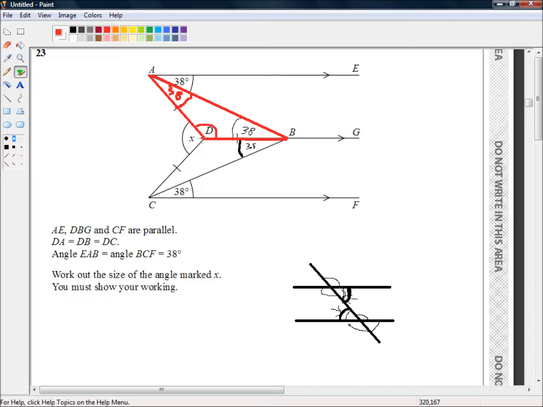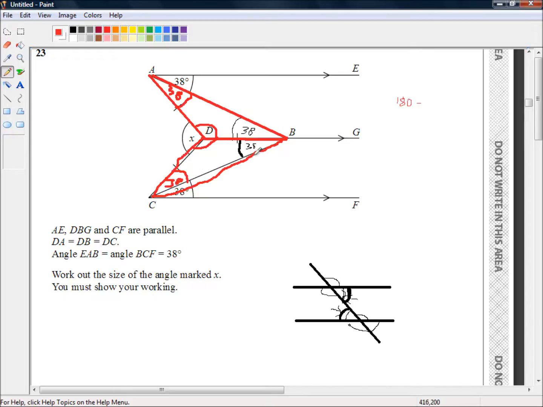Now again, this is an isosceles triangle. In fact, it's the same isosceles triangle. So this angle here is also 38 degrees, which means this angle here is the same as this angle here. And because all the angles inside a triangle add up to 180 degrees, this angle here is 180 degrees minus 2 times 38.